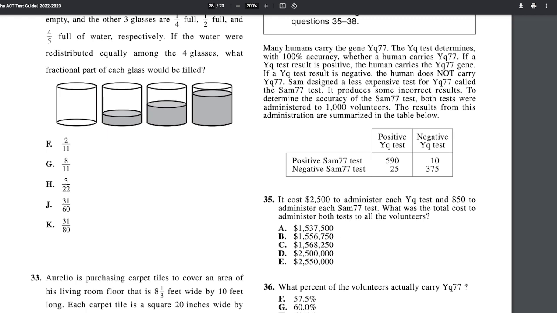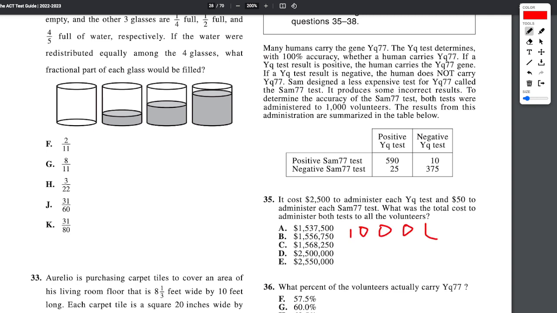To determine the accuracy of the SAM77 test, both tests were administered and then we got the results. It costs $2,500 to administer each YQ test. We also administer each SAM77 test. So the total price, let's see, if you have 1,000 volunteers: for them to get the YQ77 test, it costs $2,500.